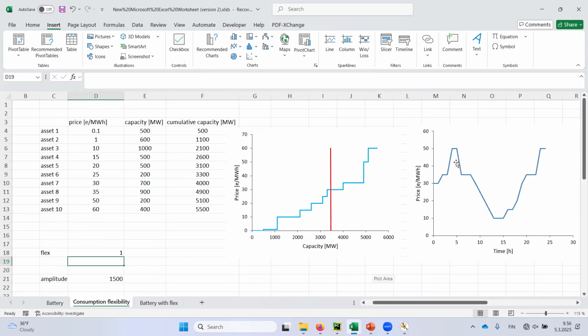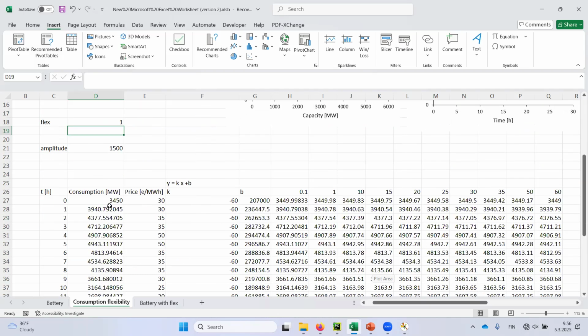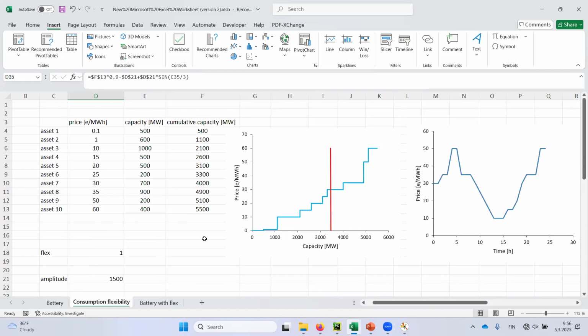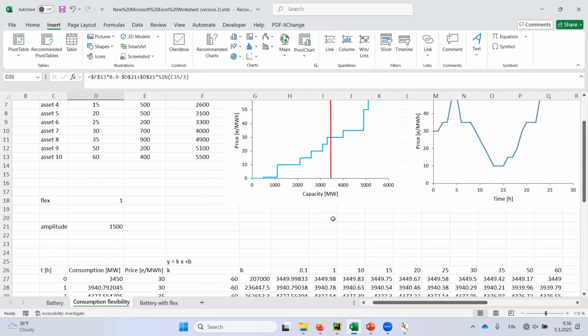For some reason my Excel doesn't seem to be updating these curves, and every now and then I'm wondering what's happening when the calculation doesn't go through. So my price is just based on the merit order curve. Whenever we have a certain amount of consumption, this is again a sine curve, we're just going to move this red line to see wherever the price is. That's the easiest way to do it.